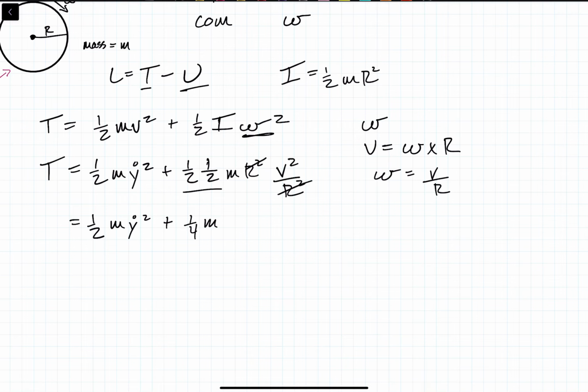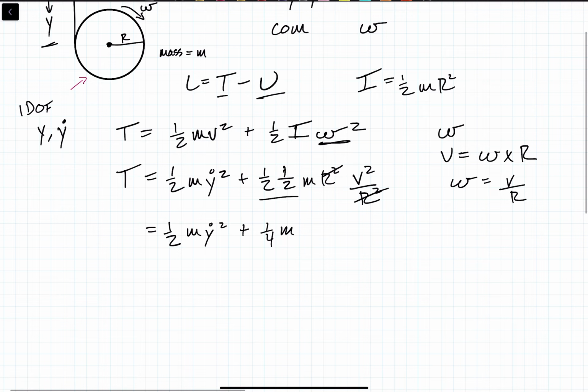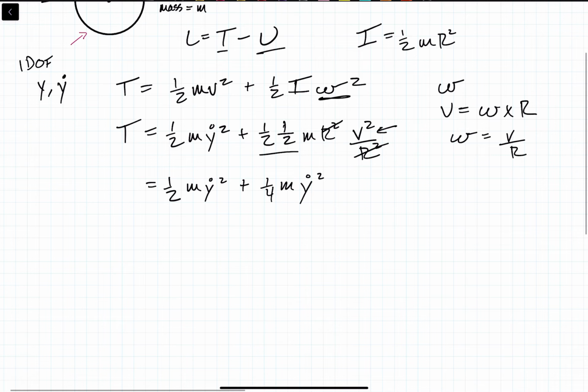And this will be, because remember earlier we said we're getting this in terms of y and y dot, so this v right here should be y dot squared. And we can simplify this a little more.